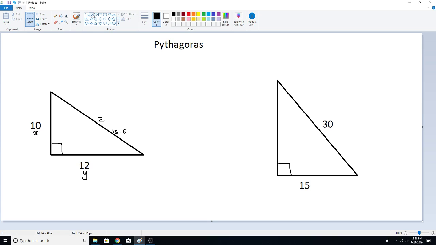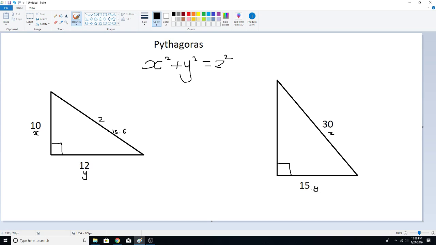Remember that x squared plus y squared equals z squared. So in this example on the right triangle, 30 is z and 15 is, let's say, y.